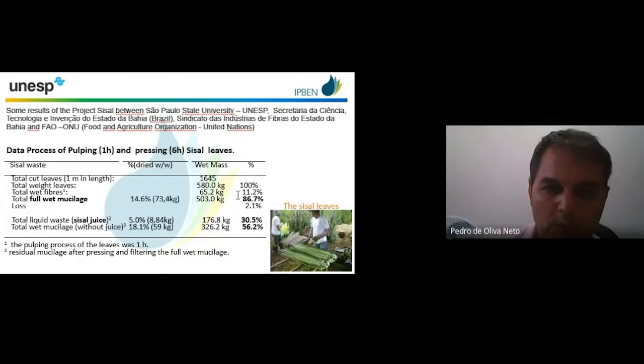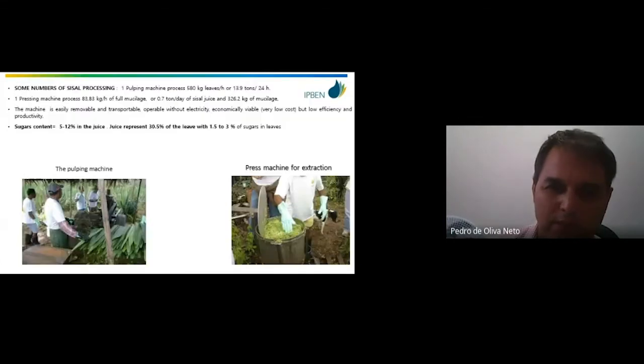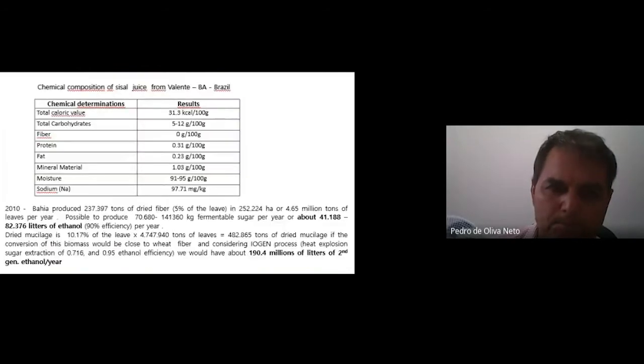Okay, about 85.7% is full wet mucilage, and when we do it, we extract the sugars. We have about 1.5 to 3% of sugars in leaves. So this is the mucilage. And in the juice, when we analyze the juice, we have 5 to 12% of sugars.